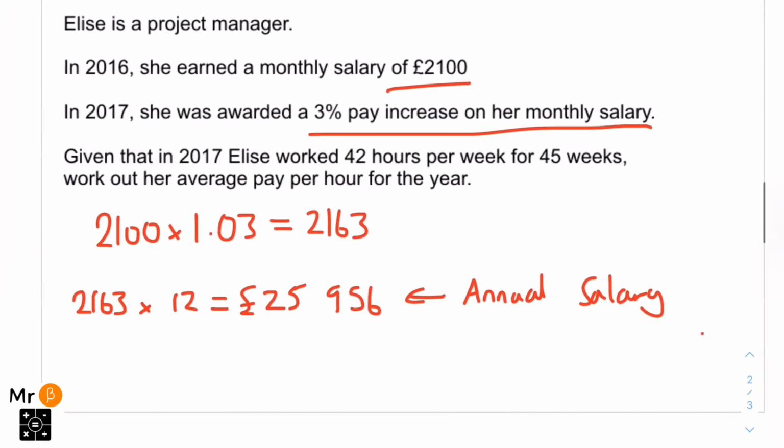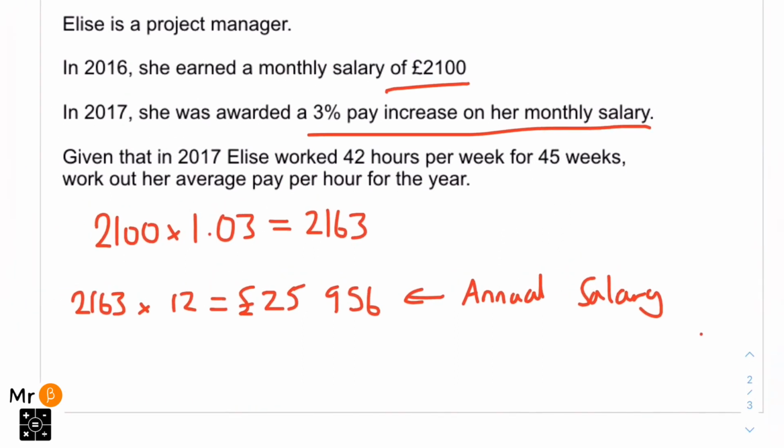It wants to know how much money she has earned per hour for the year. So it tells you that she has worked for 45 weeks and 42 hours per week. So if we want to work out the total number of hours she has worked, we need to multiply 42 by 45. That tells us she has worked for 1,890 hours for the whole year.